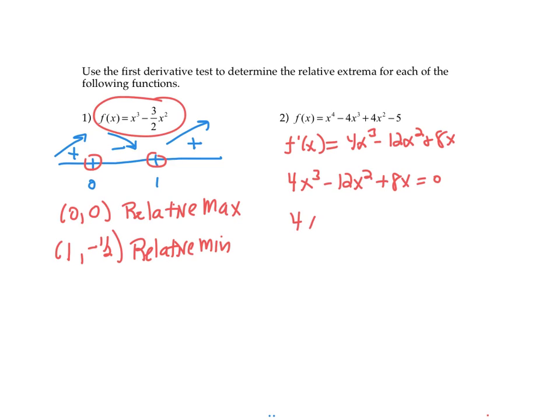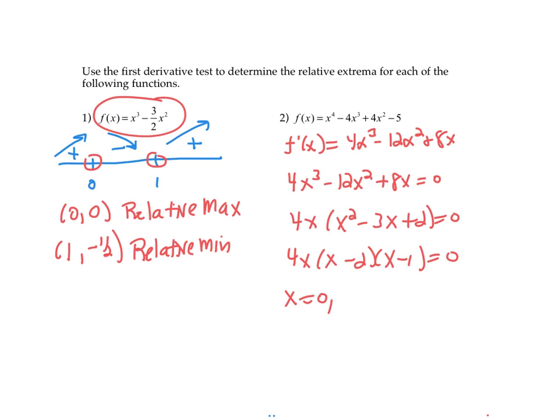So you have 4x times x squared minus 3x plus 2 equals 0. And this is going to factor into x minus 2 times x minus 1. And again, this is equal to 0. So 3 critical values. X equals 0, x equals 2, and x is equal to 1.